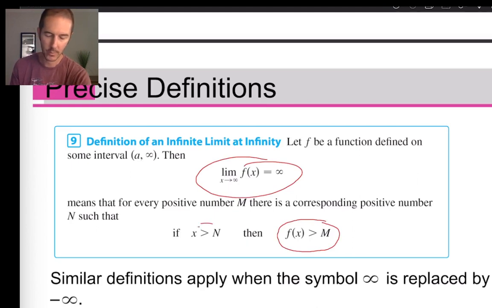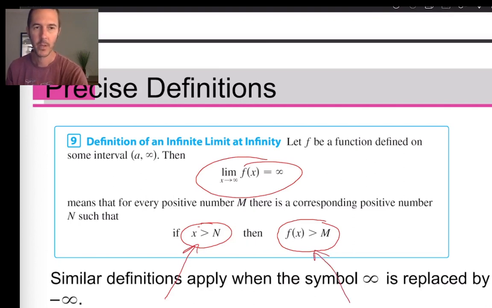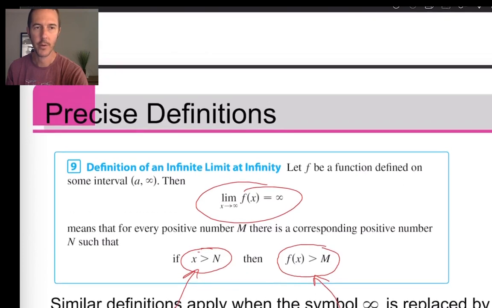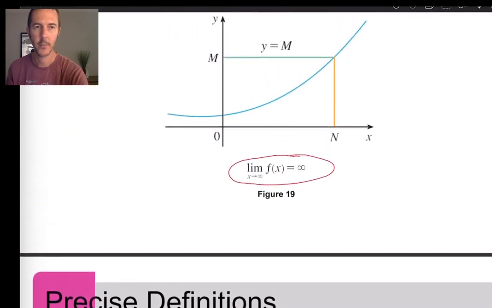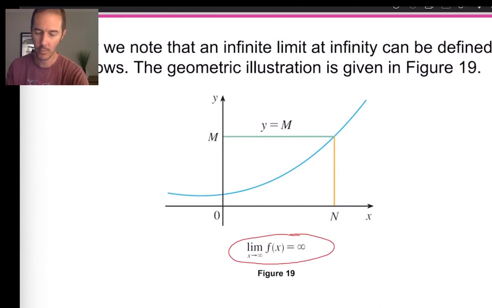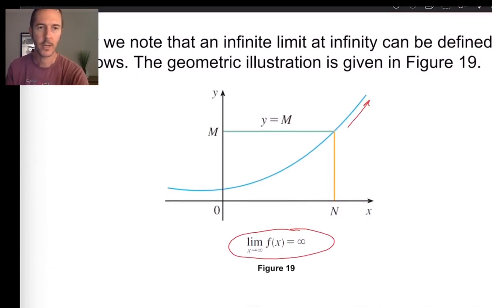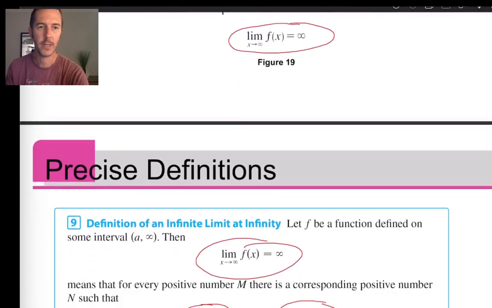Then all we have to do is find an n value as a sort of lower limit so that as long as our x values are larger than n, our y values will be larger than m. And if we continue pushing that concept off to the right farther and farther toward positive infinity, our y values will just keep growing. And that's an indicator that our limit is equal to positive infinity.